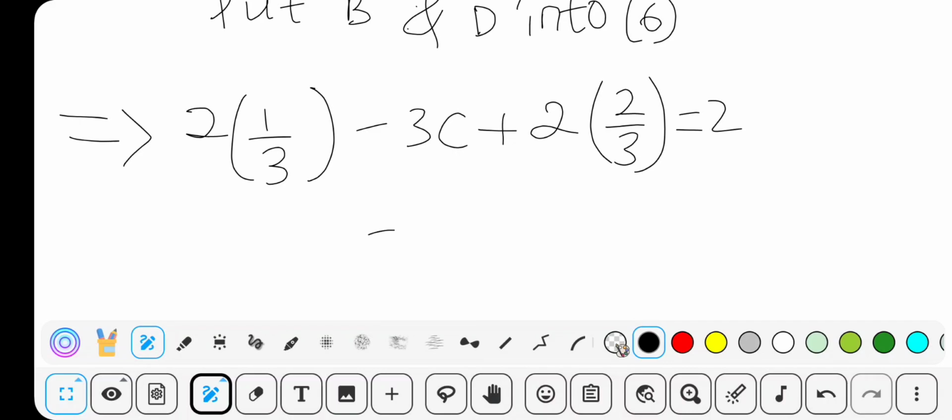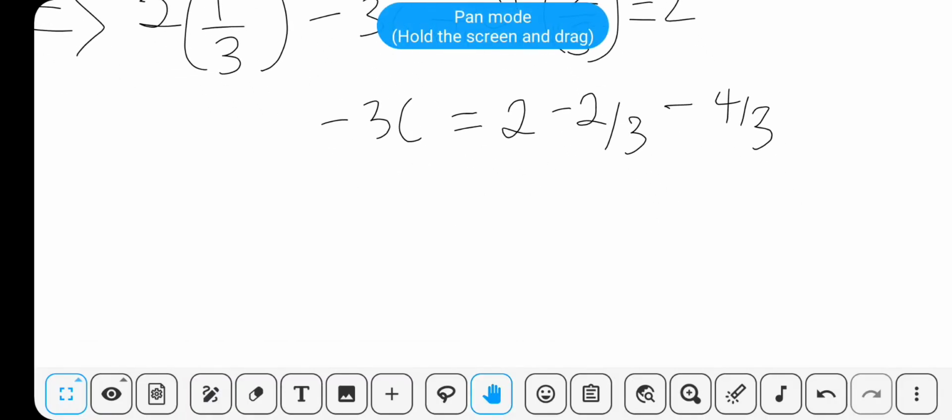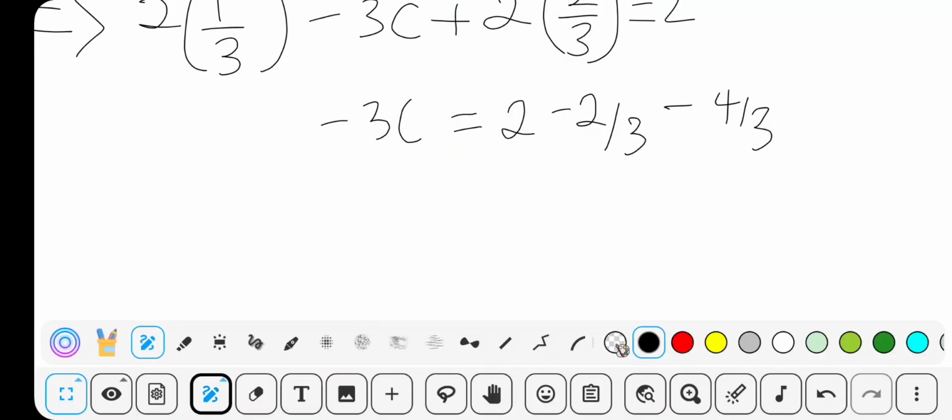Minus 3c is equal to 2 minus 2 over 3 minus 4 over 3. So minus 3c is equal to 0, because minus 2 over 3 minus 4 over 3 will give you minus 2.